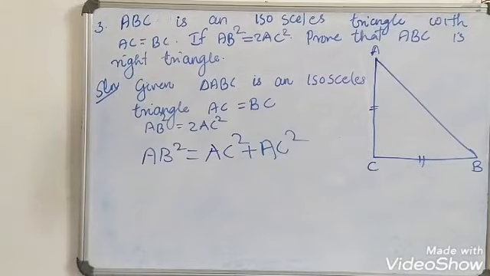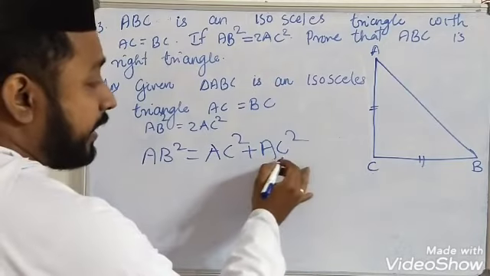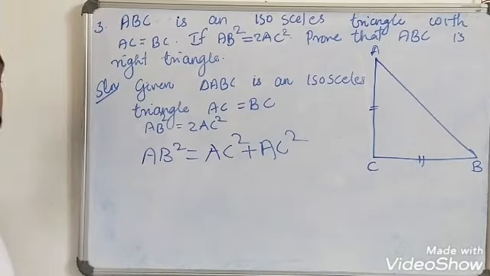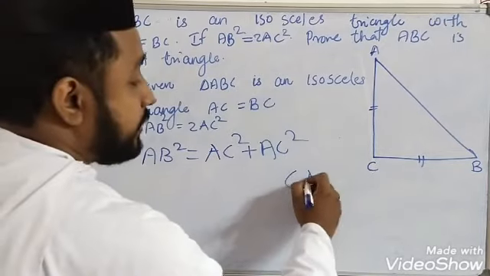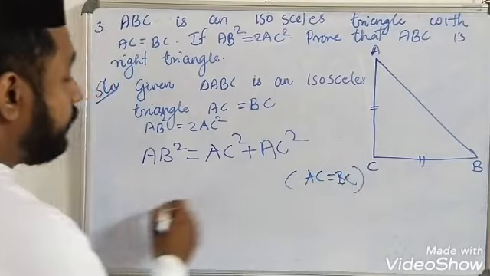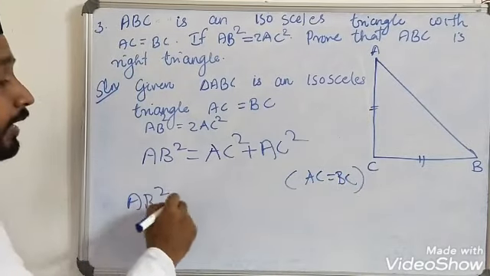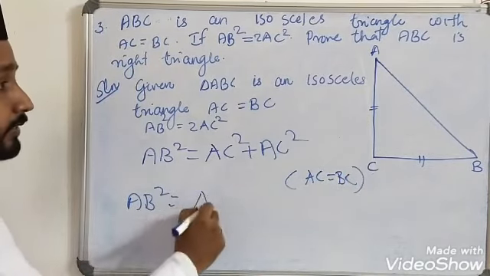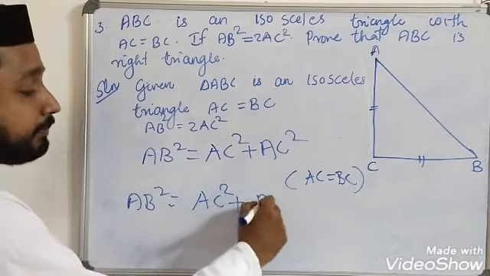But we are given that AC is equal to BC. So for one AC, I substitute BC. So AB square is equal to AC square plus BC square.